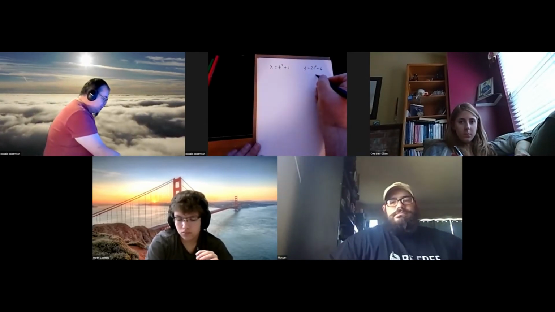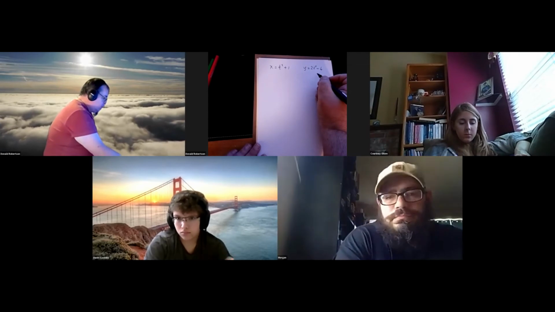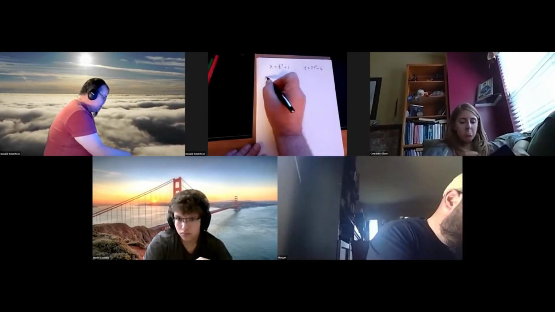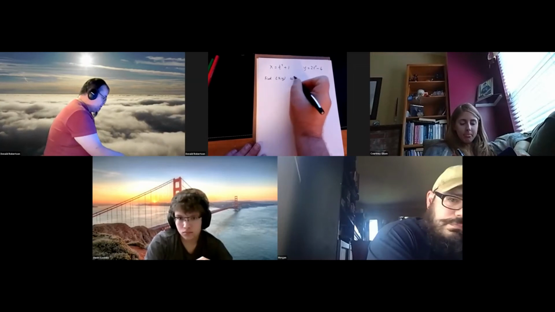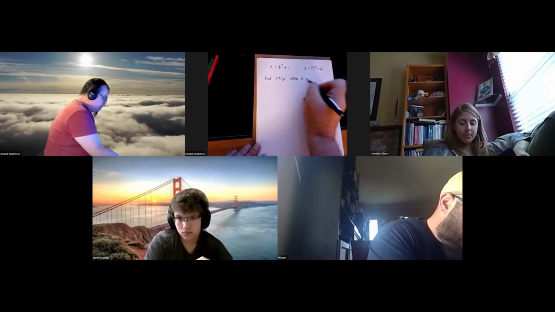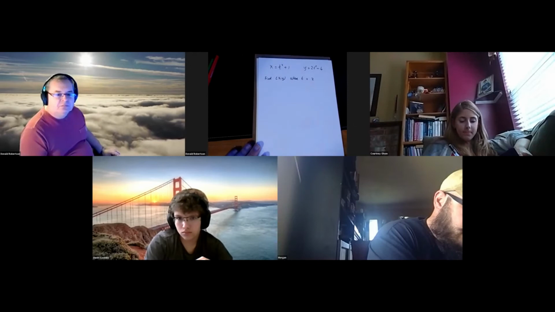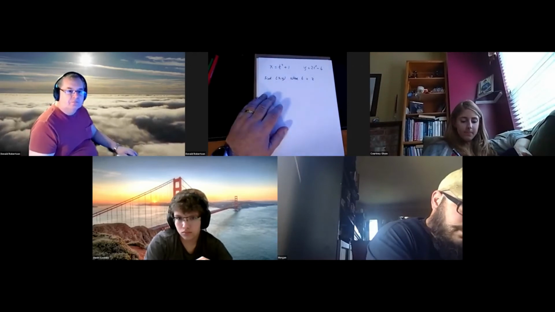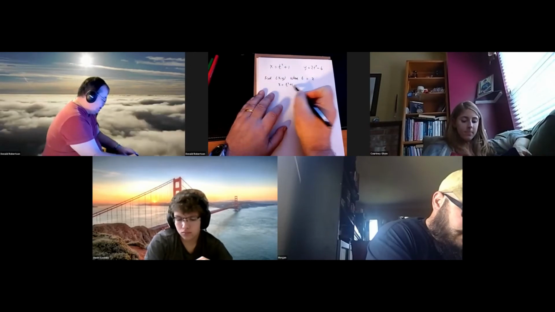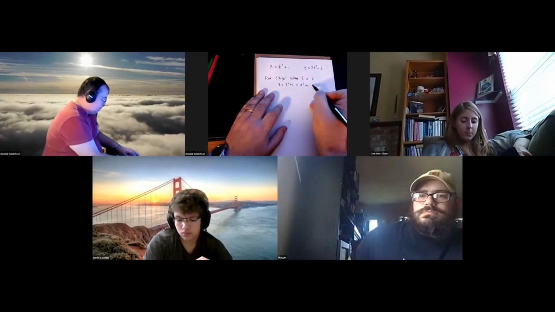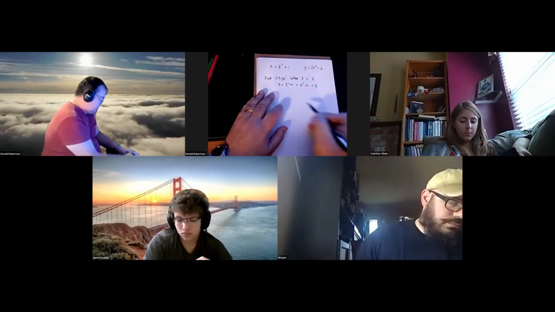And let's suppose that you're being told to find the coordinates when t equals 2. Well, the x coordinate is 2 squared plus 1. That's 5.